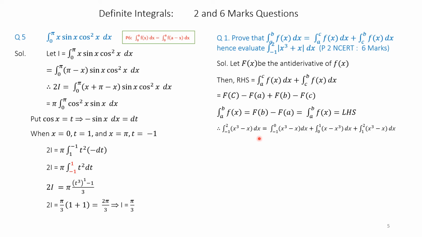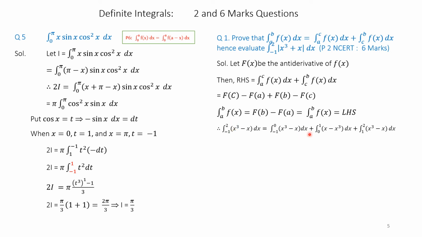So the given integral of mod of x cube plus x, from minus 1 to 2, can be written as the integral minus 1 to 0 of x cube minus x dx, and so on, with intermediate limits. So this minus 1 to 2 can be written as minus 1 to 0, 0 to 1 and 1 to 2.